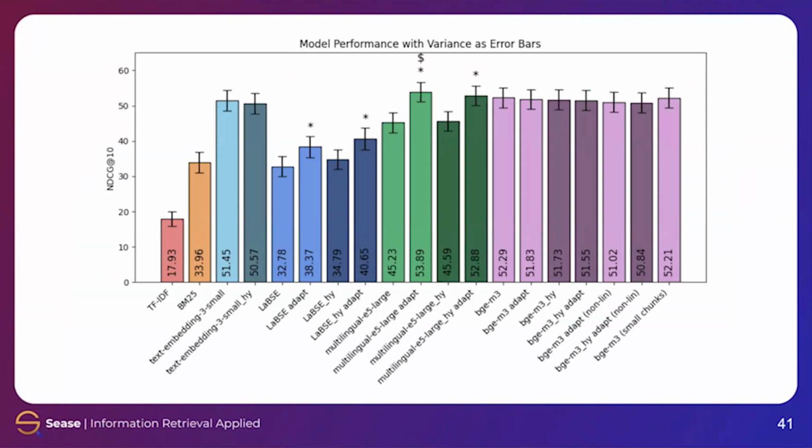So this is like a bar plot. I need you to focus on the non-gray color. For example, in this case, LaBSE has improved with the adapter over its, let's say, brother without it.